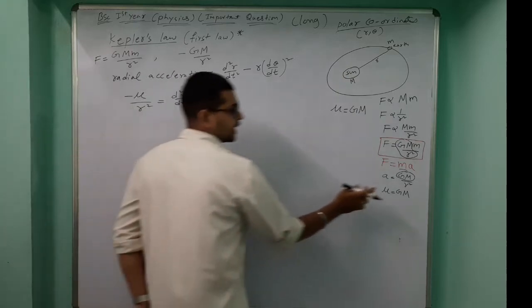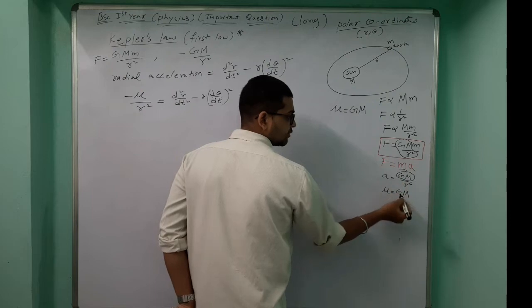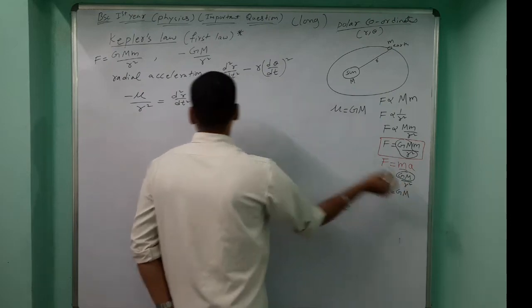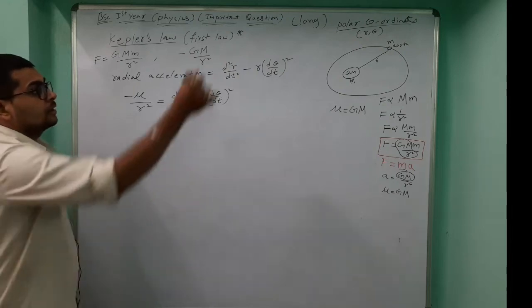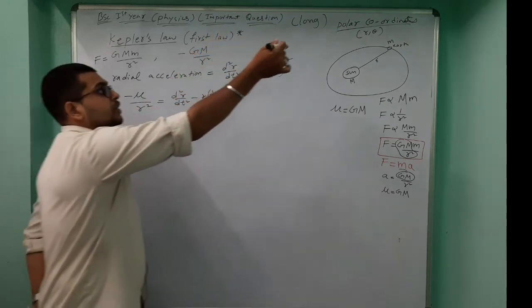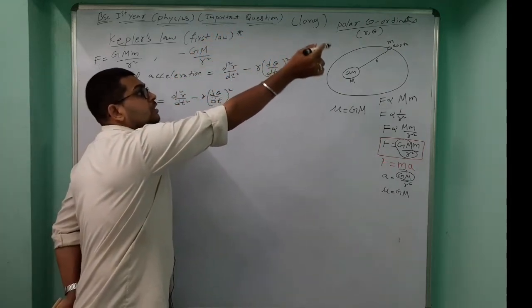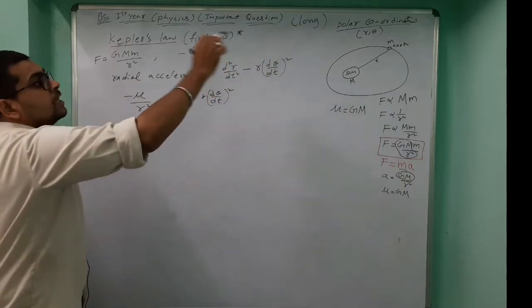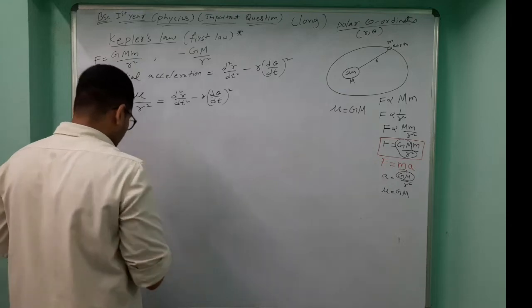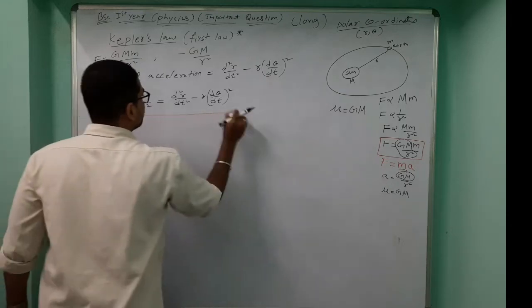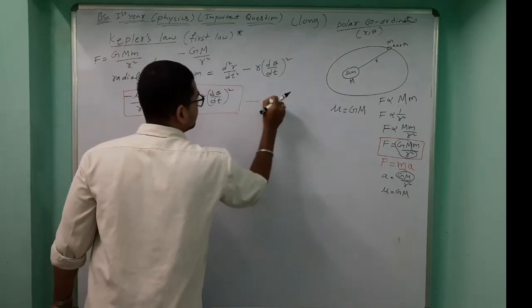The minus sign represents the force of attraction of the Sun on the Earth, that's how it is revolving. This is equation number 1.